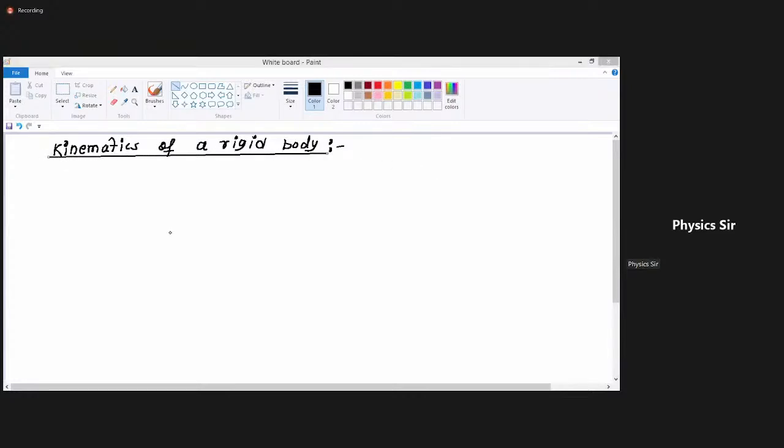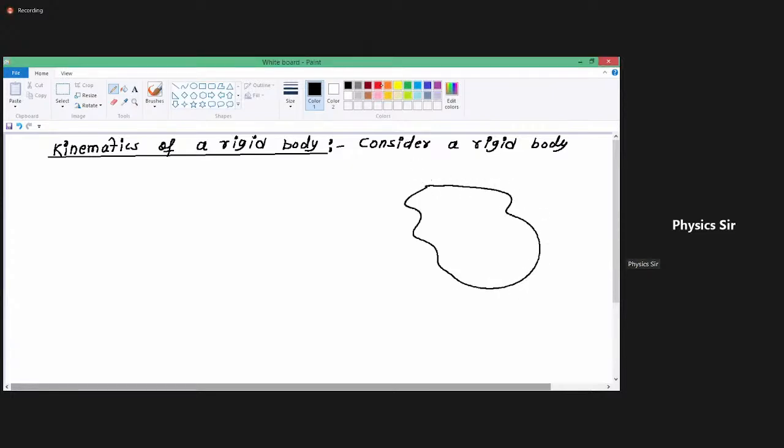So let us consider a rigid body. If I consider a rigid body, so this is the rigid body that I can consider.